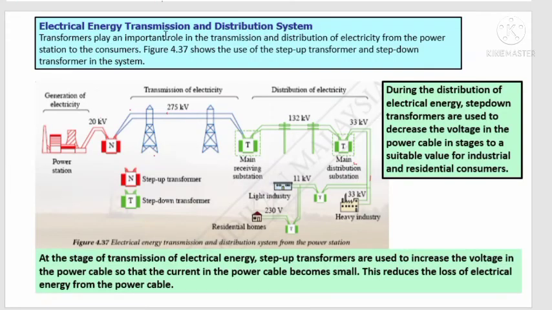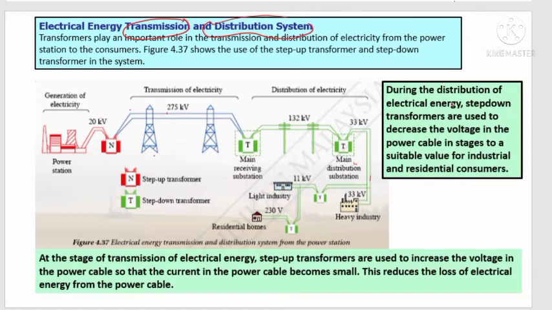For electrical energy transmission and distribution, I have discussed before that transmission involves the power or the voltage from the power station to the power line or transmission cable. Distribution is where the voltage will be distributed to the point depending on the value of the voltage required.